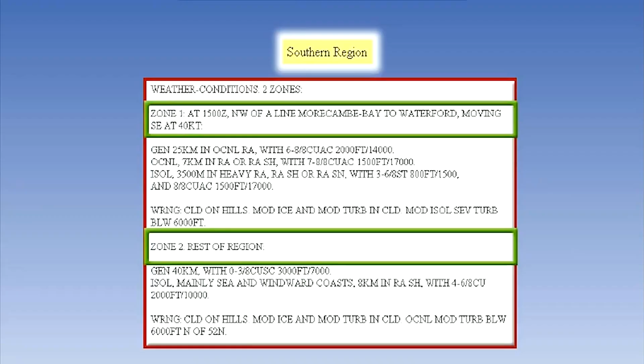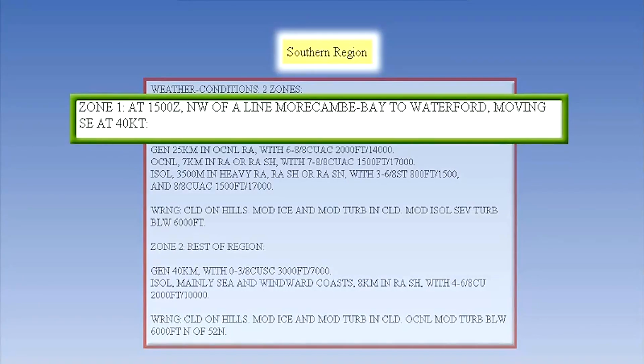The boundaries of these zones are clearly defined using explanatory text. If those boundaries are dynamic, we'll describe their movement accordingly. For example, the boundary of Zone 1 is set at 1500 Zulu, aligned northwest from Moirine Bay to Waterford, and it's tracking southeast at a brisk 40 knots.